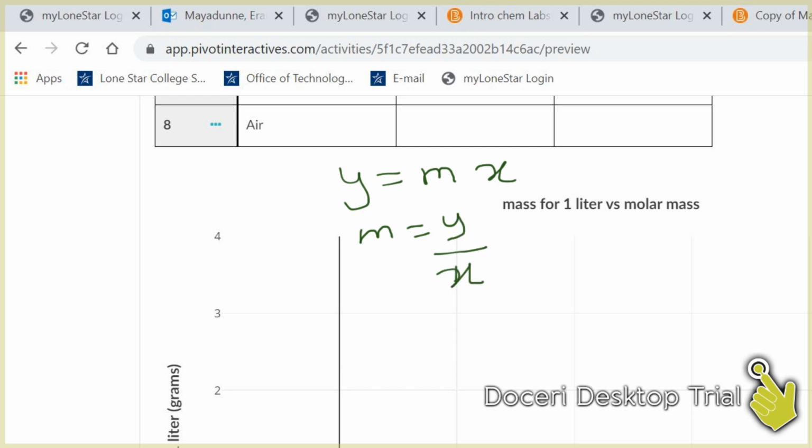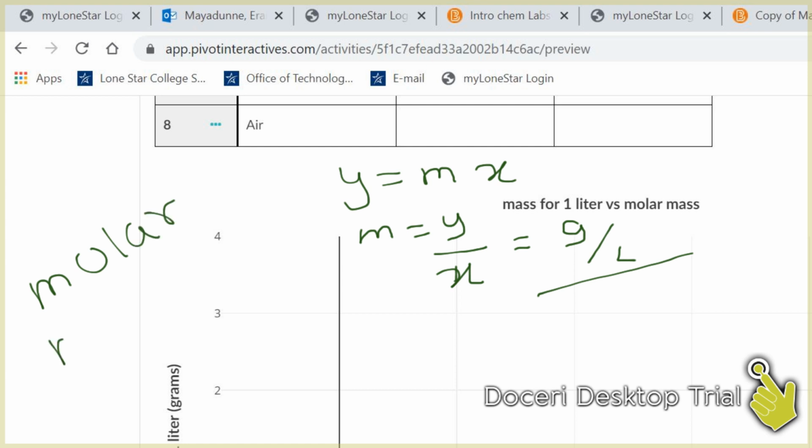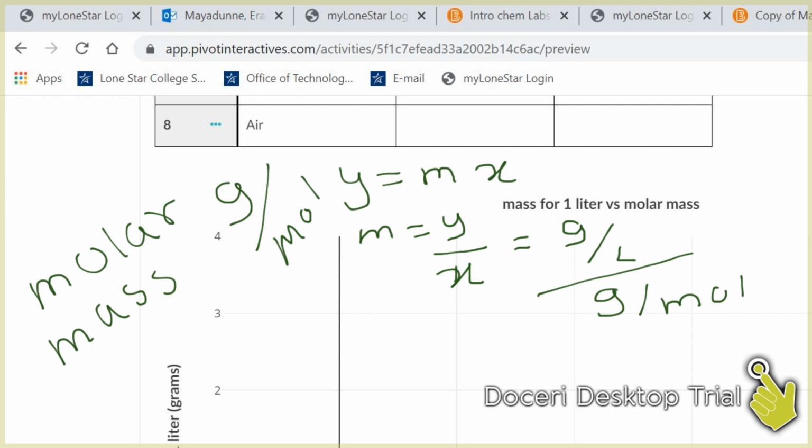So my y-axis is mass per liter, grams per liter, divided by the molar mass. The unit of molar mass is grams per mole, so divide by grams per mole. This is what the question is asking.